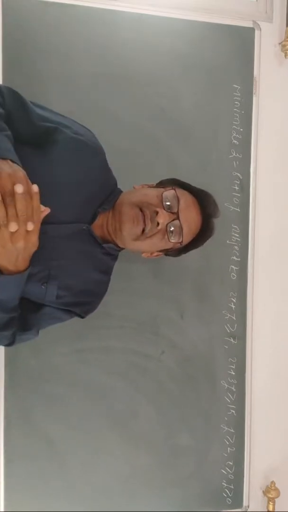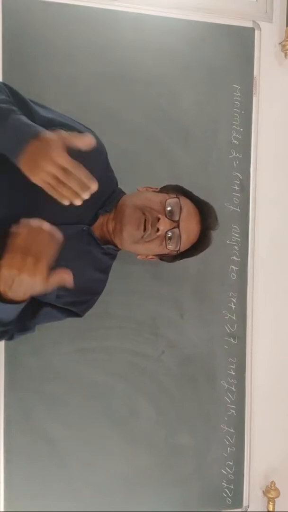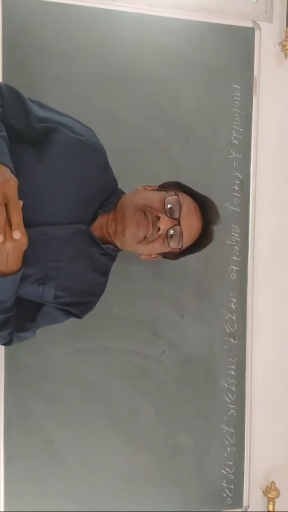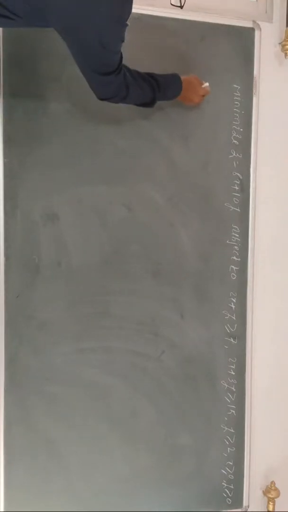So here again we draw the table. In this table first we write the boundary line and then we find the points of intersection of the boundary line with the coordinate axes. In the first column we write the serial number.